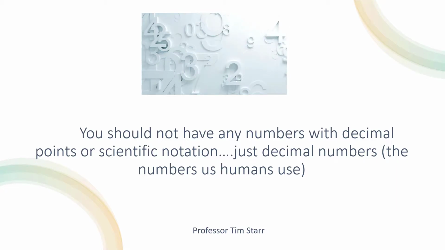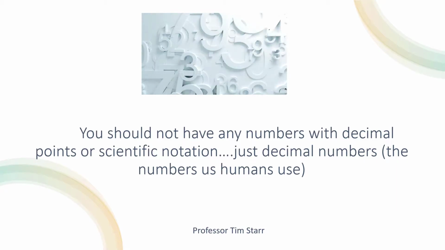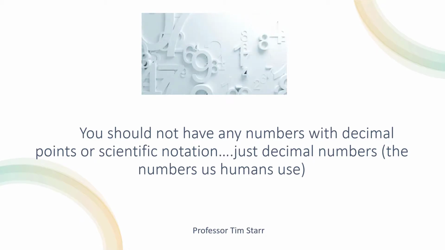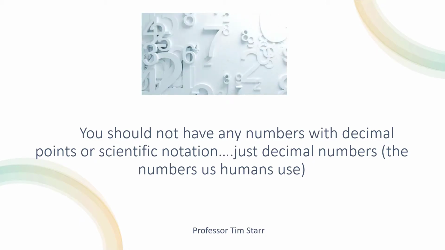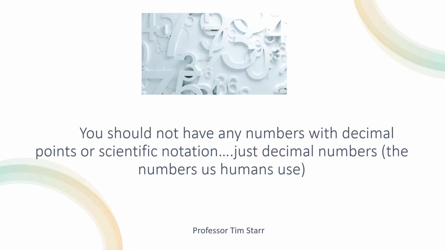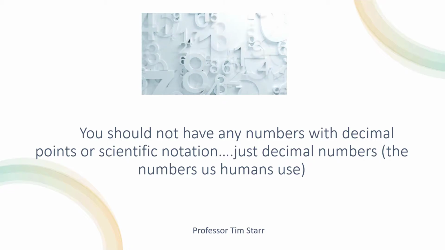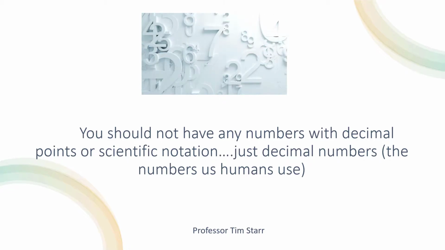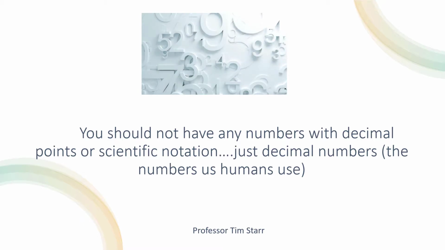So a lot of times I'll kick back an assignment and I'll assign you a 1. That doesn't mean that that's your final score. What that means is that you did something wrong, and I'm allowing you a chance to correct it. And then if you submit it wrong a second time, you normally get a 2. I'll put a comment in there, and then I'll reassign the assignment to you. So if you get a 1 or a 2 on an assignment, it just means you did something wrong.